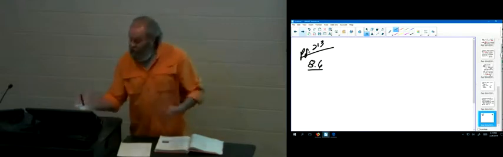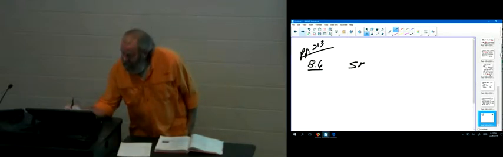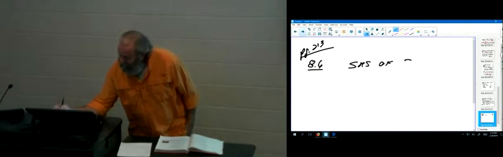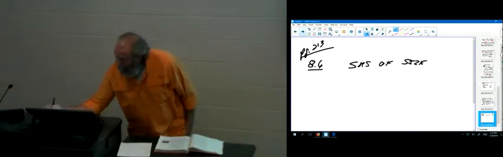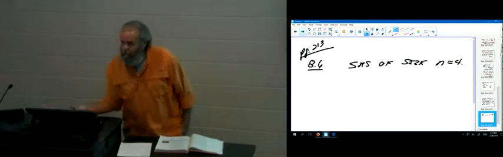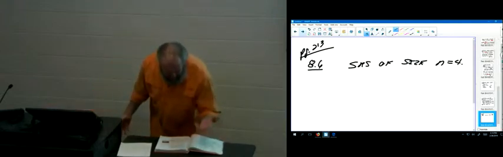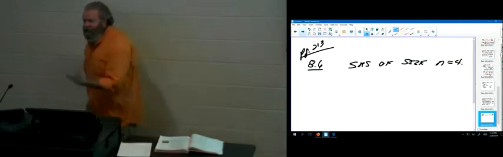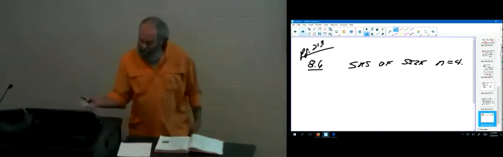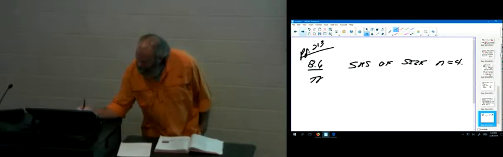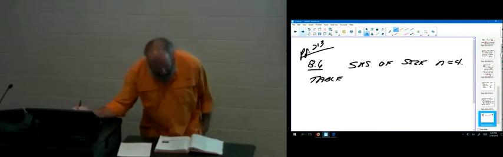So here's what you want. You want an SRS of size 4. It's telling me to select 4 out of however many is here. And we're going to use Table B. And it's going to tell me where to start.